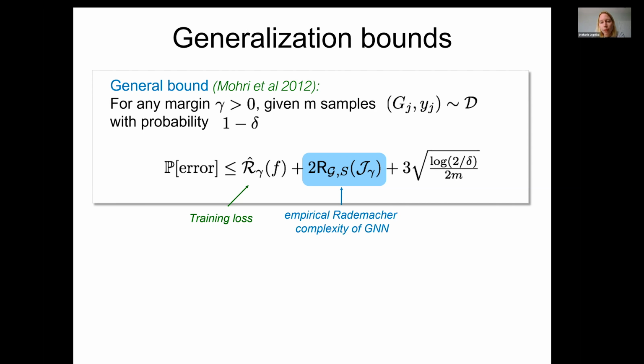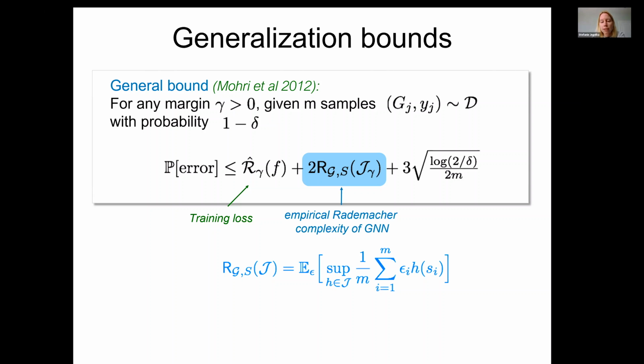The important thing to bound here is that Rademacher complexity. It measures how well your model can fit arbitrarily sampled random, or Rademacher, variables, these epsilon_i's, which are -1 or +1 variables.